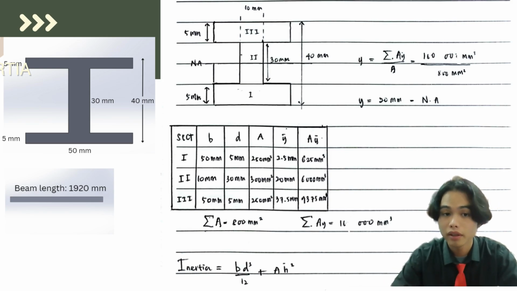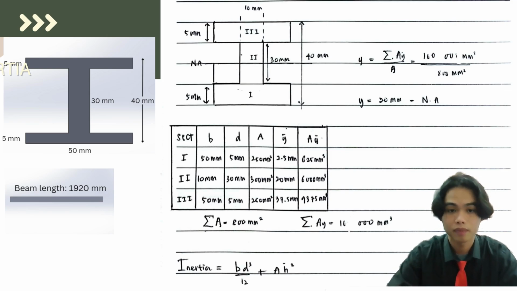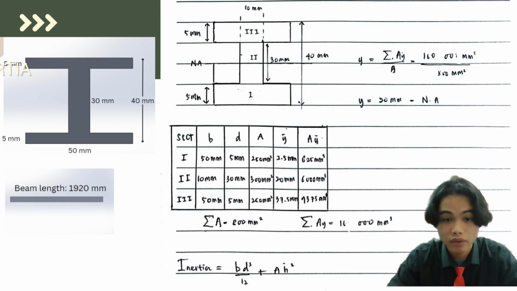Okay, now for the moment of inertia of the inner beam. The inner beam is as shown on the slide. First of all, I use the composite method to find the neutral axis, or the center, of all three shapes combined.